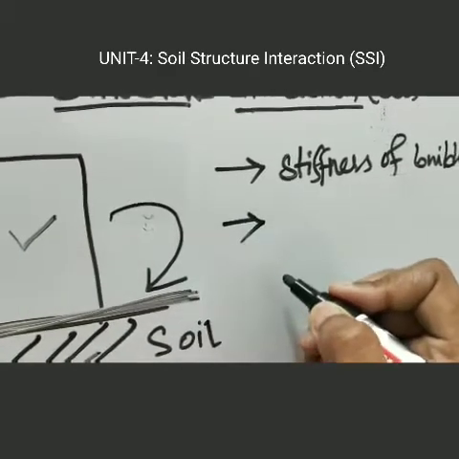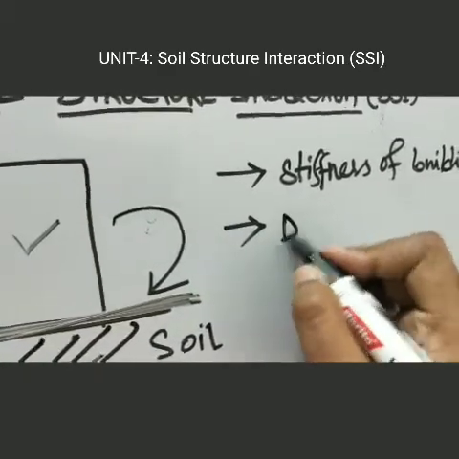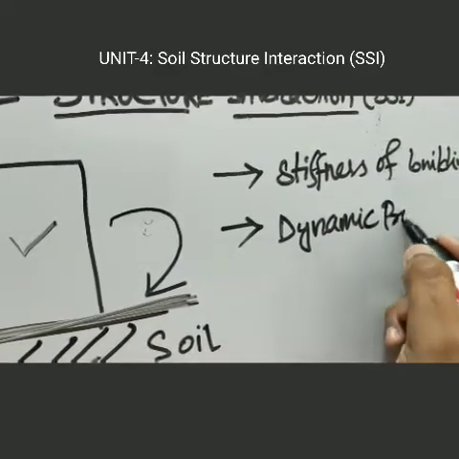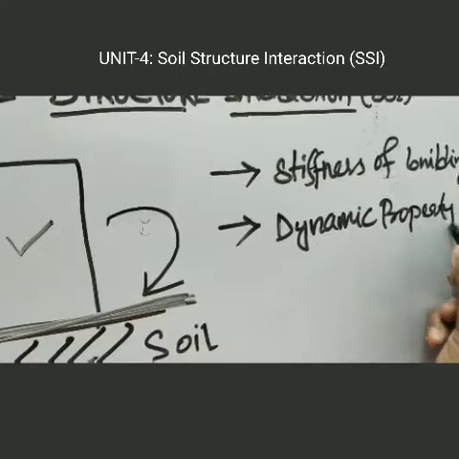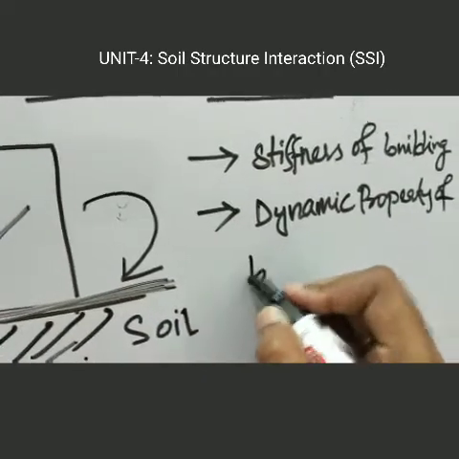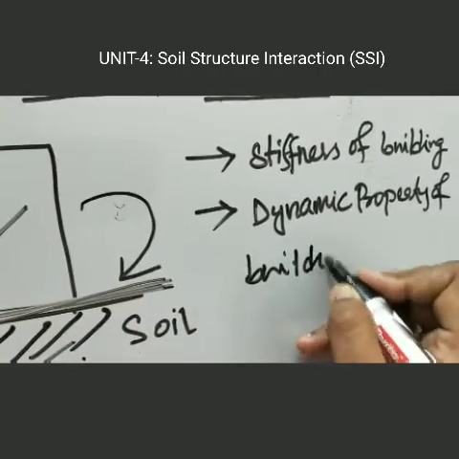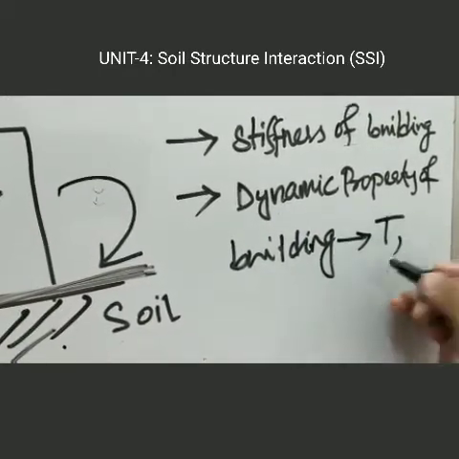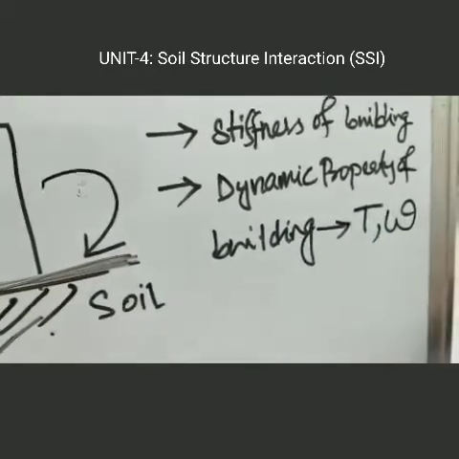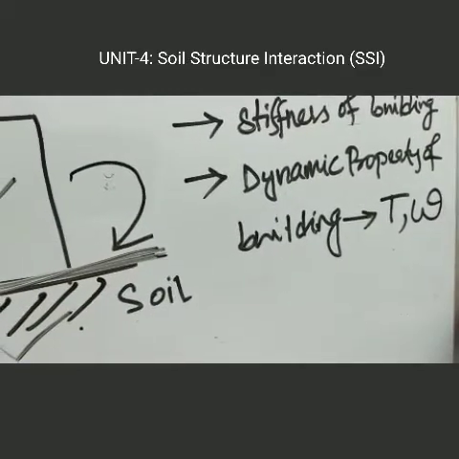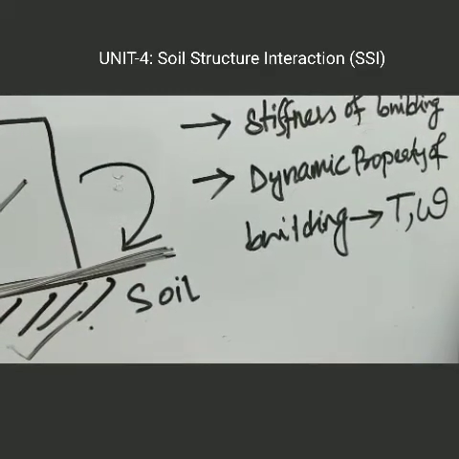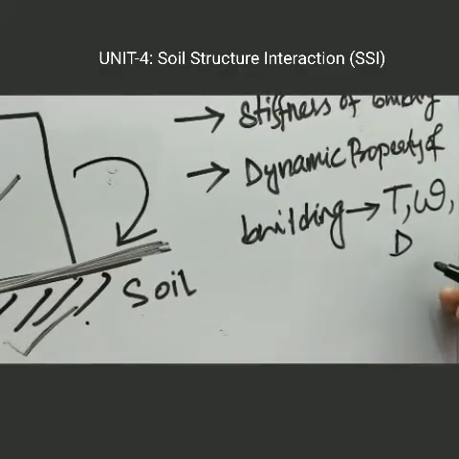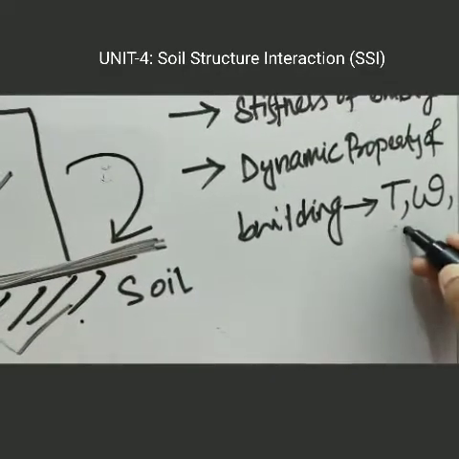Second is the dynamic property of the building. This dynamic property can be the natural time period, omega, or other dynamic properties of the building such as damping.